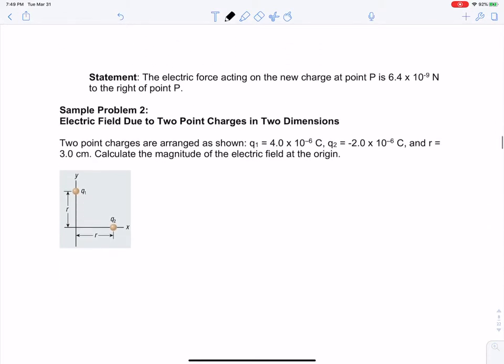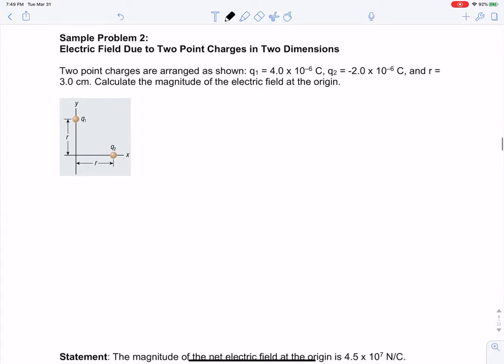Okay. In sample problem number 2, we are going to look at the electric field due to 2-point charges, this time in 2 dimensions. So Q1 is along the y-axis. So let's find the electric field in the y direction for Q1.